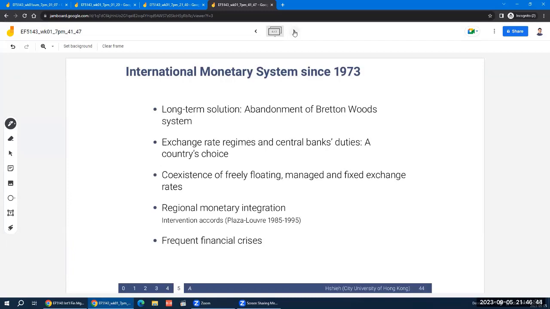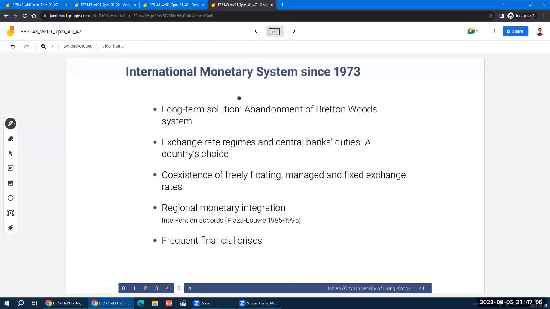All right, I've got to move fast. So what we have today since 1973 is basically a coexistence of mostly free-floating exchange rates, meaning nobody really backs their currency by any other commodity, but it coexists with other exchange rate regimes.